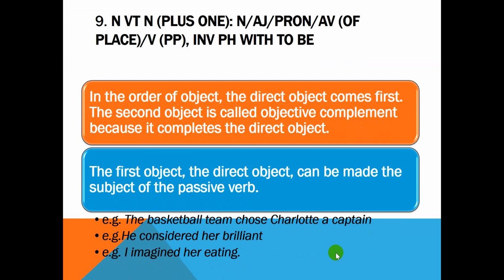The last pattern is noun, transitive verb, noun: subject, transitive verb, object, plus one as the complement. It can be a noun, noun phrase, adjective phrase, pronoun, adverb of place, verb in the form of present participle, or infinitive phrase with to be.